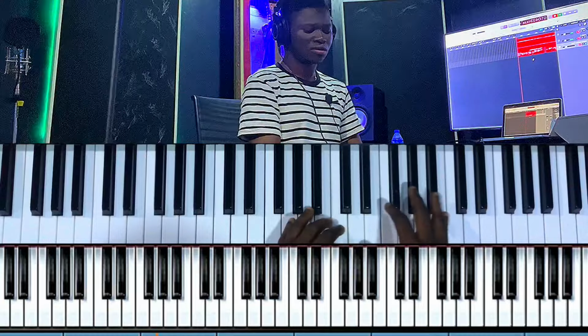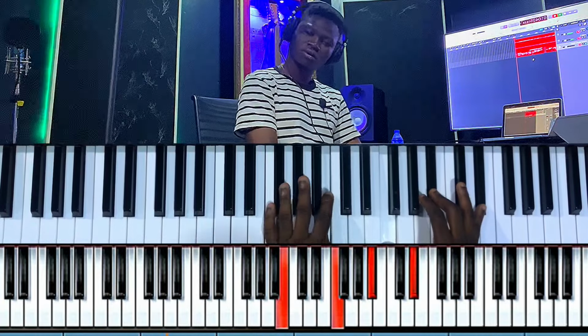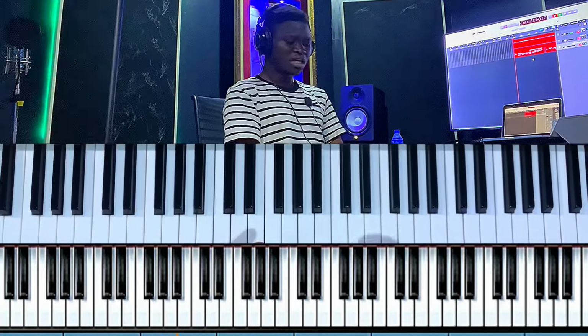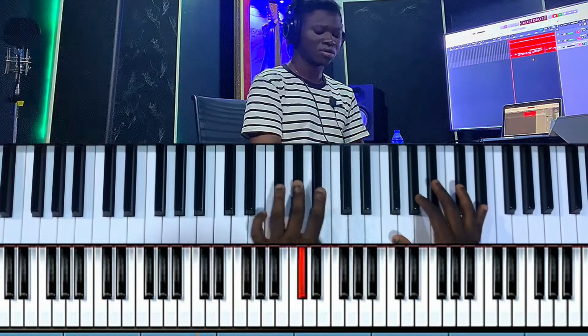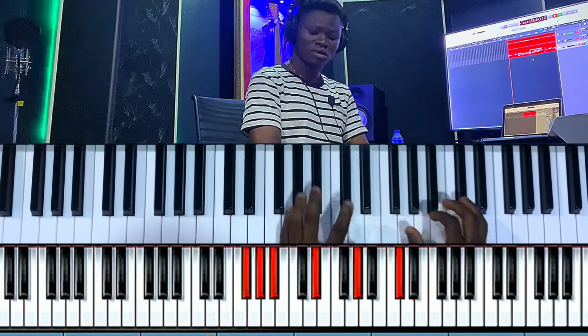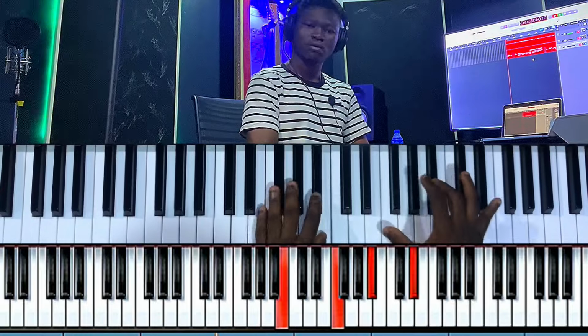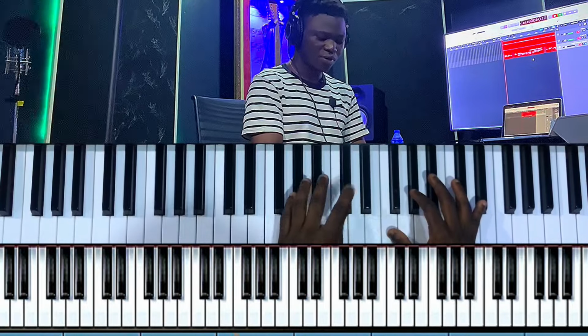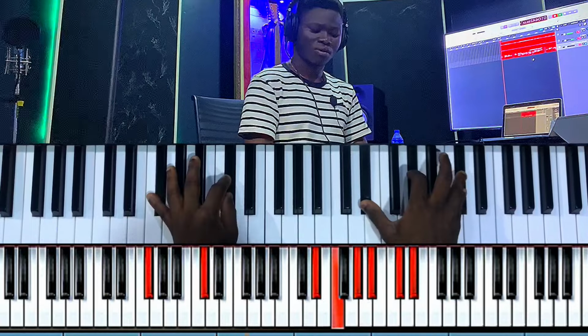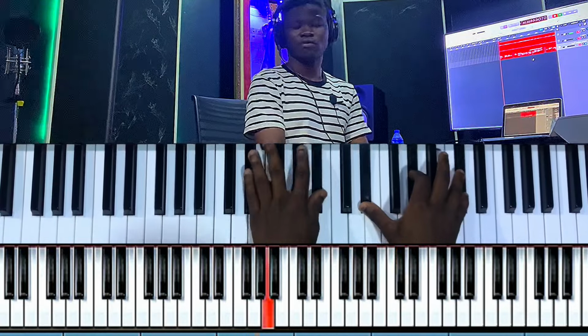You understand? So if you want to make it interesting, you can even expand it. Don't forget the bass player is playing so you have. Or resolving to your mi.